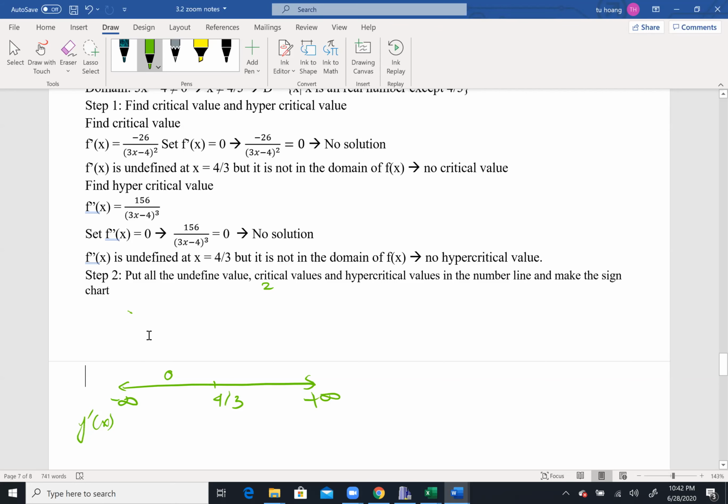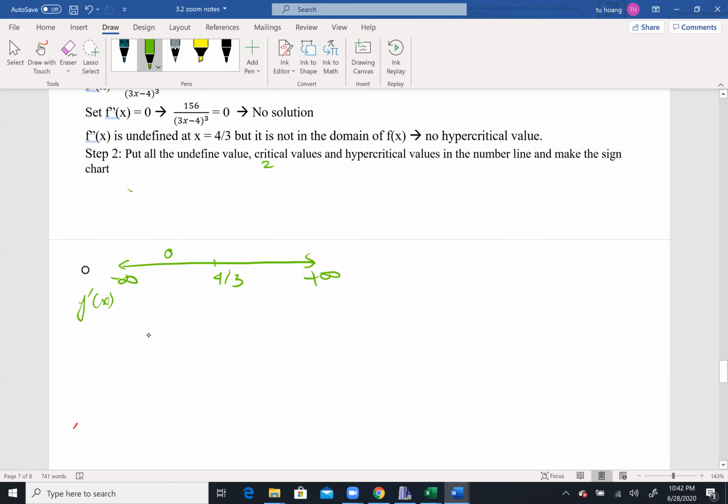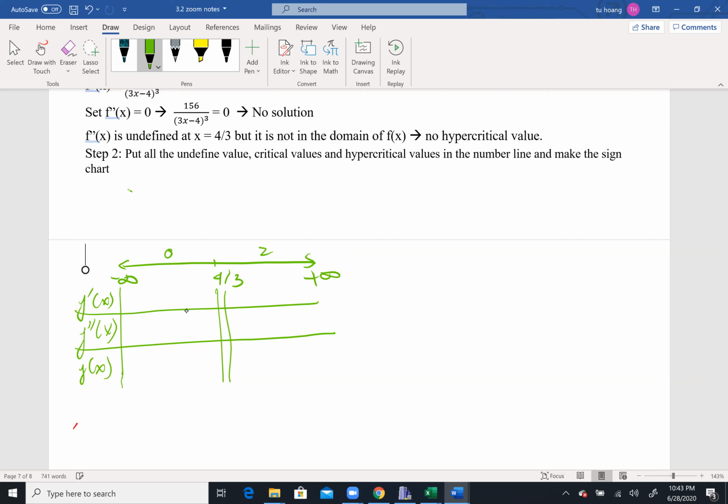And the 2 here. And I have f second derivative of x. And lastly f of x, so a line to separate. I know that at 4/3 all of this does not exist. So I'm going to have nothing in this area.